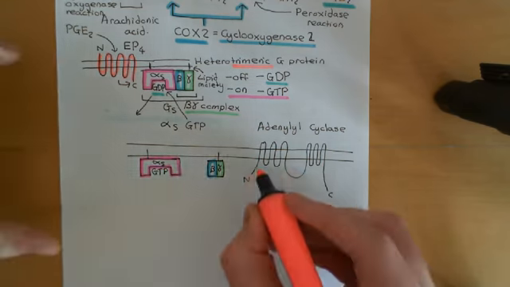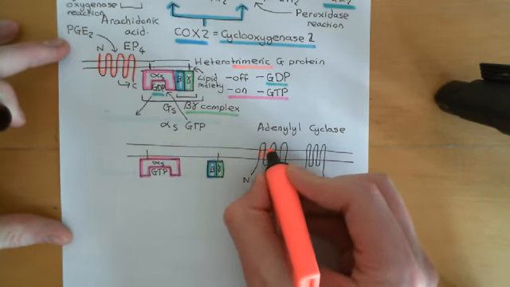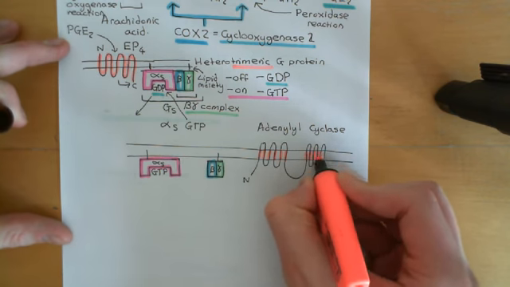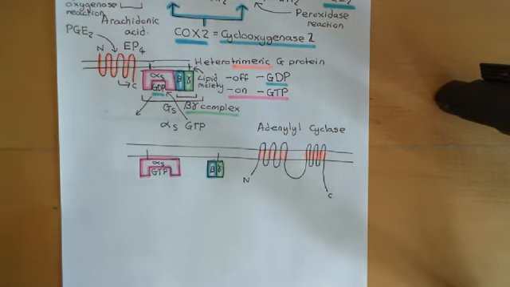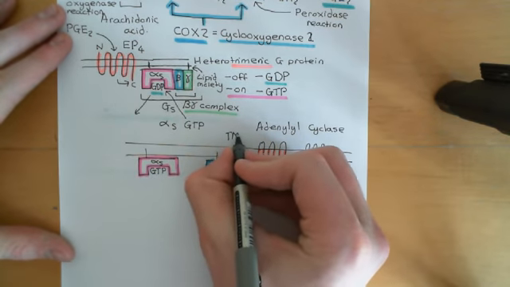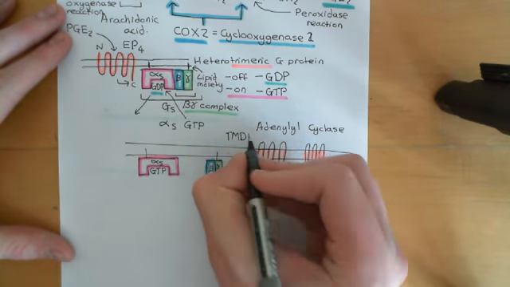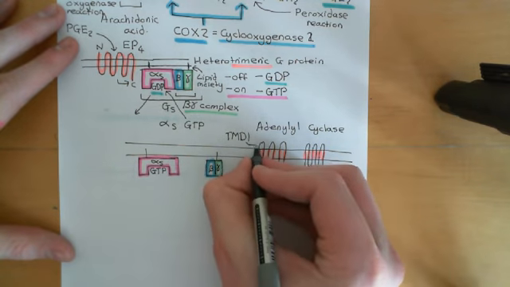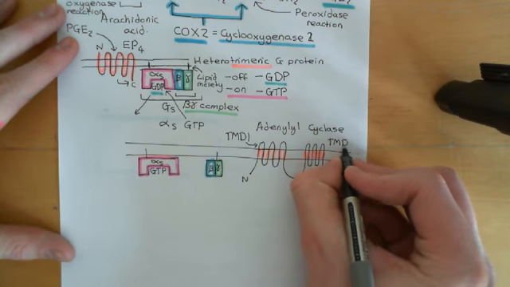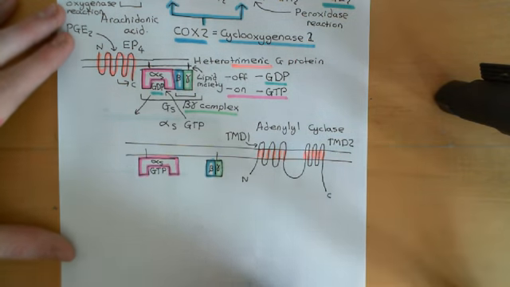So let's highlight some key features here. We have these two clusters of 6 membrane-spanning alpha helices here and here. Now these have special names. This first cluster of 6 membrane-spanning alpha helices is known as the transmembrane domain 1, so this is TMD1. And this second cluster of 6 membrane-spanning alpha helices is known as the transmembrane domain 2.